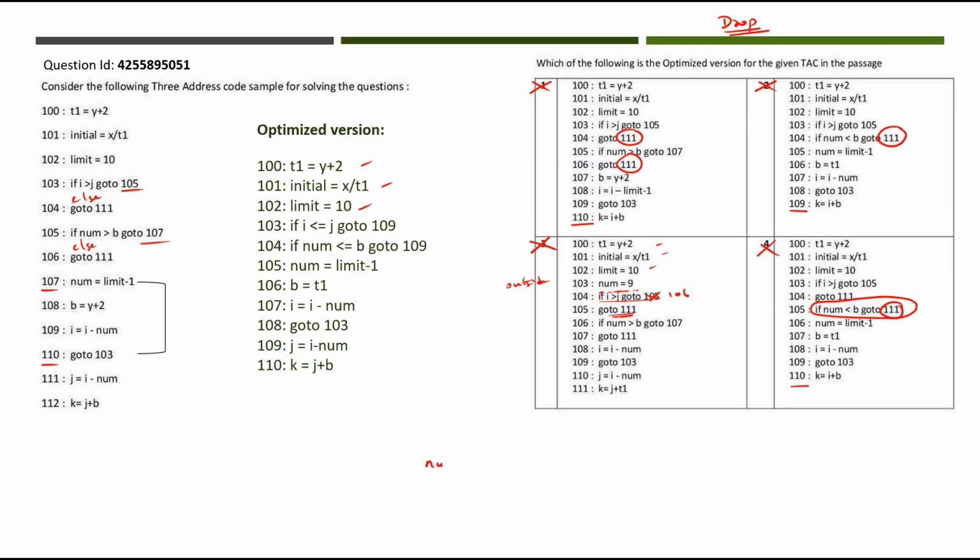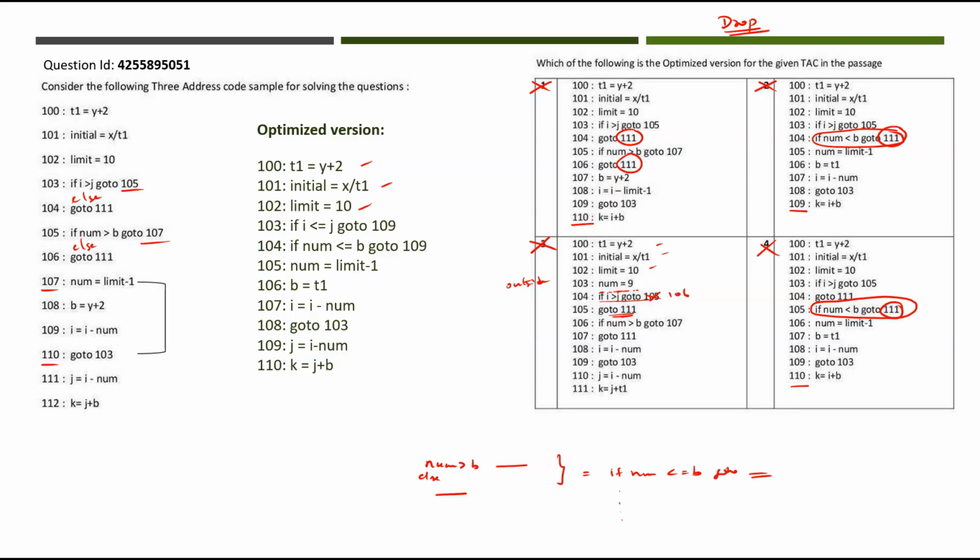Instead of saying num greater than b, go to one position, else go to another position, we can change this as if num is less than or equal to b, go to the else position, otherwise keep executing. So they have used the alternative logic here and here also. We are applying this logic in the optimized version.